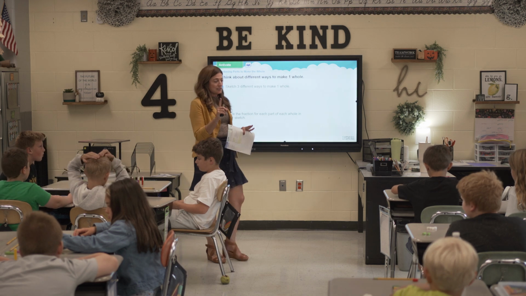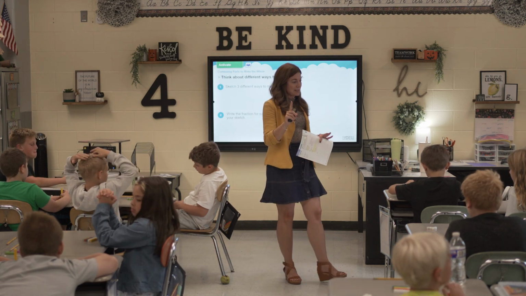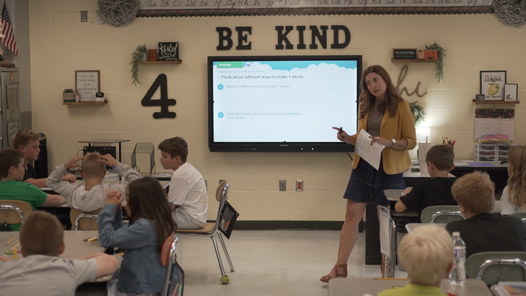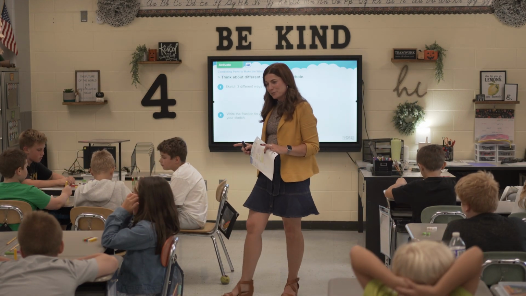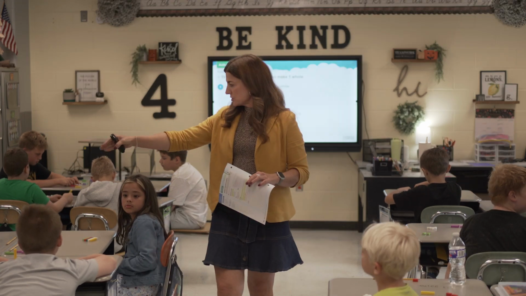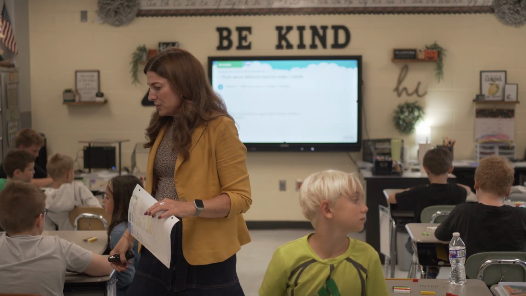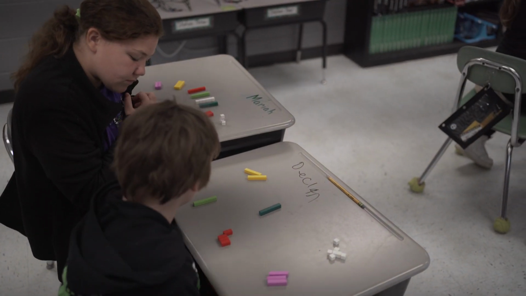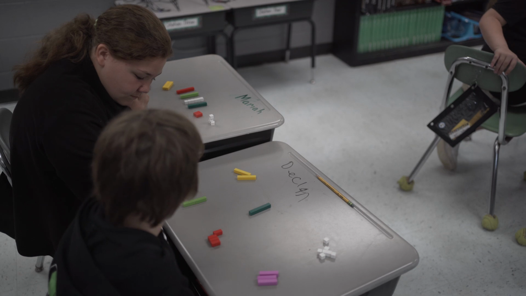Now you're going to get a chance to look at a neighbor's models of 1 whole and see what you did the same and maybe what you did that was a little bit different. So you 3 can all look at each other. If you have questions, ask your friend. How did you do that? Interesting.